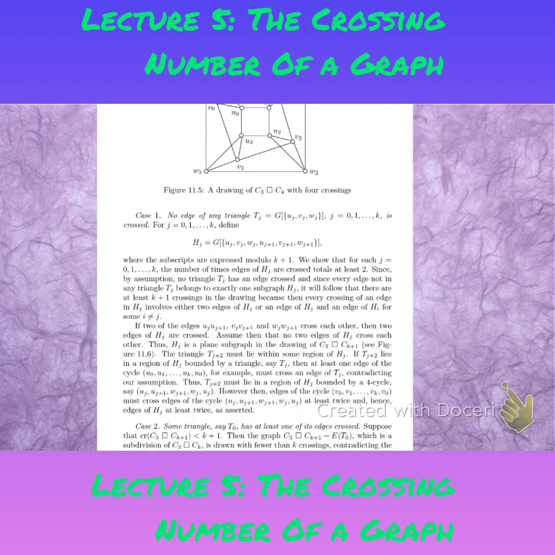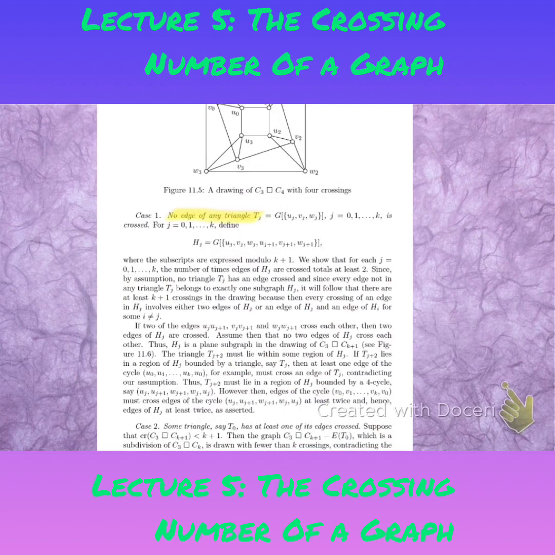The first case is the case where no edge of any triangle in the Cartesian product is crossed. And then they look at the second case where there is at least one triangle that has one of its edges crossed.